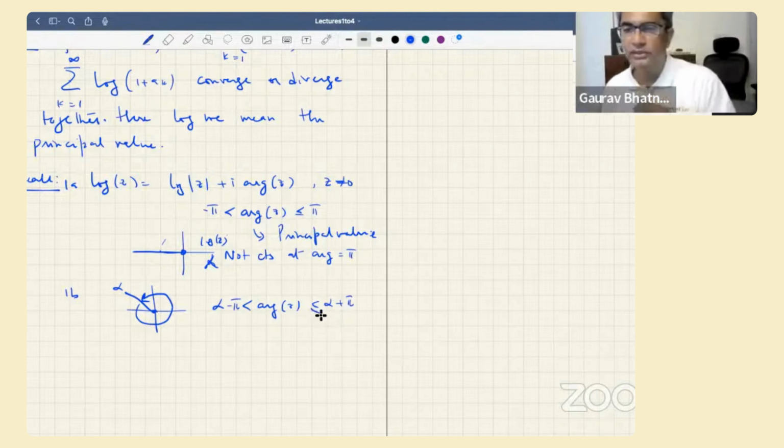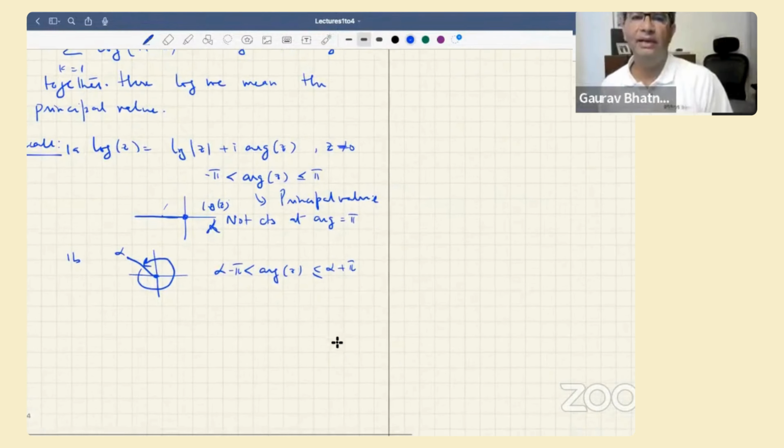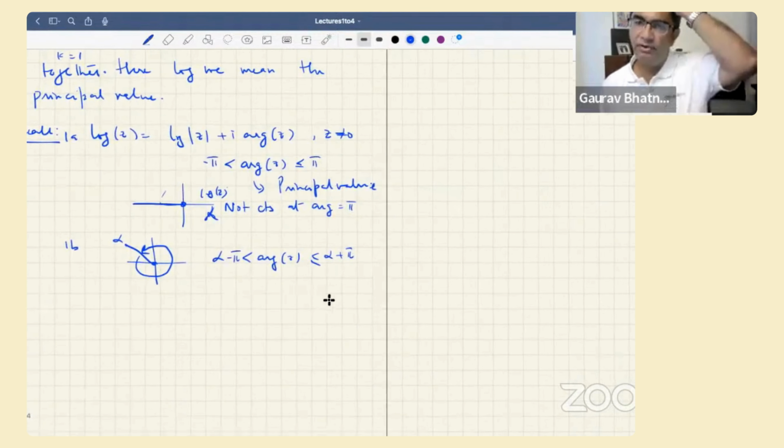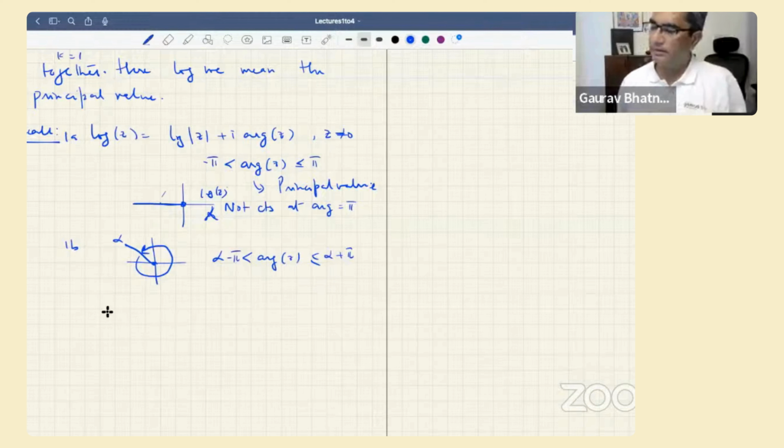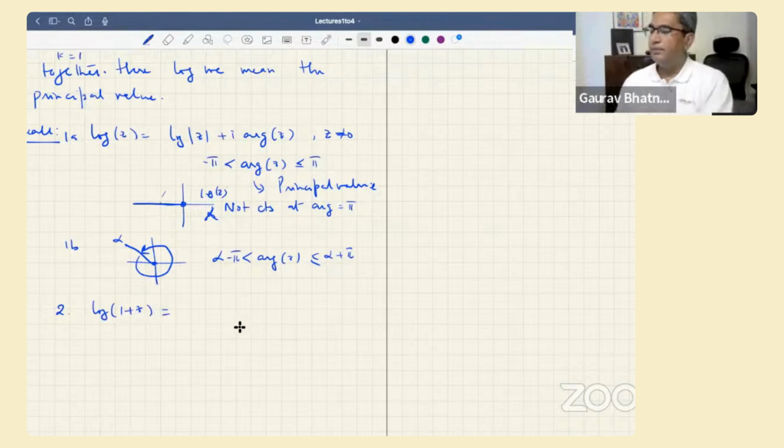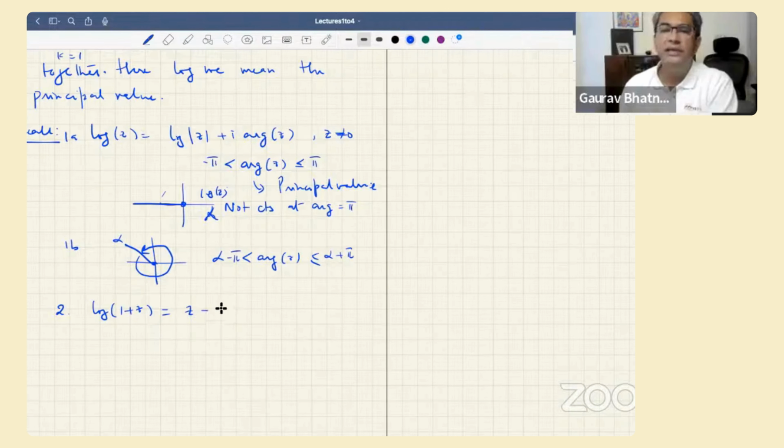Again, you remove the equal-to sign if you want an analytic function. Otherwise, you can calculate the value, but it may be different for different people. The other thing I want to remind you is the power series for log z for the principal value.